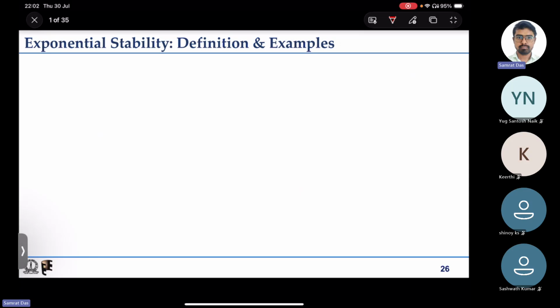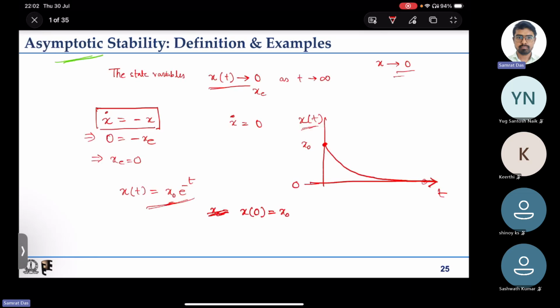Now there is another definition of stability which is called exponential stability. The last one just told that it has to come back to 0, right? It has to come back to 0, but how long should it take to come back to 0 or the equilibrium point? The stability definition keeps mum about that. It does not tell anything about that.